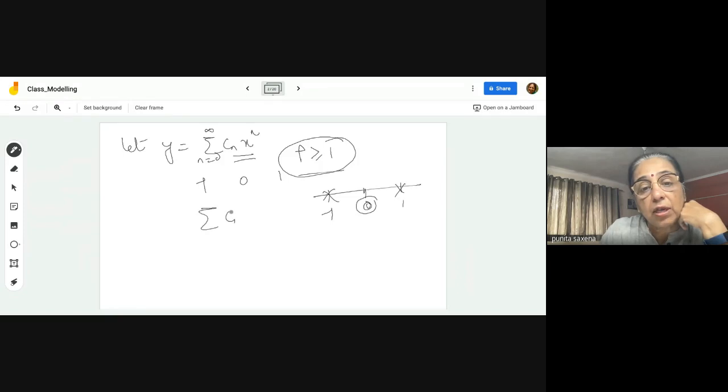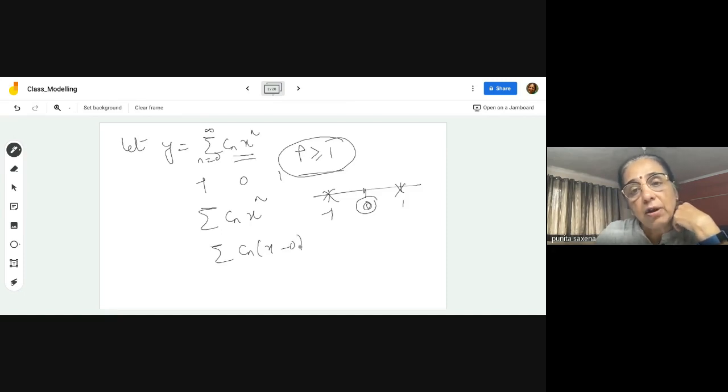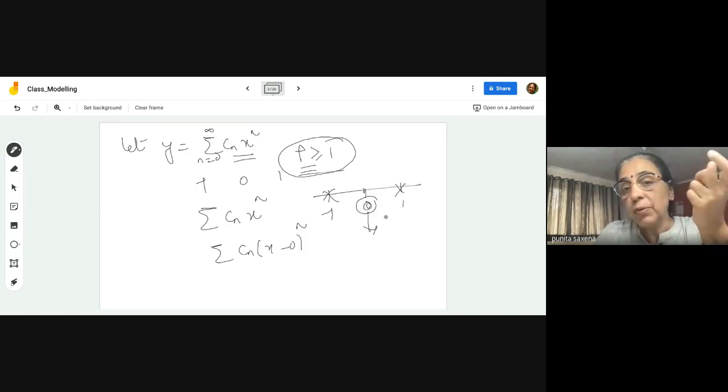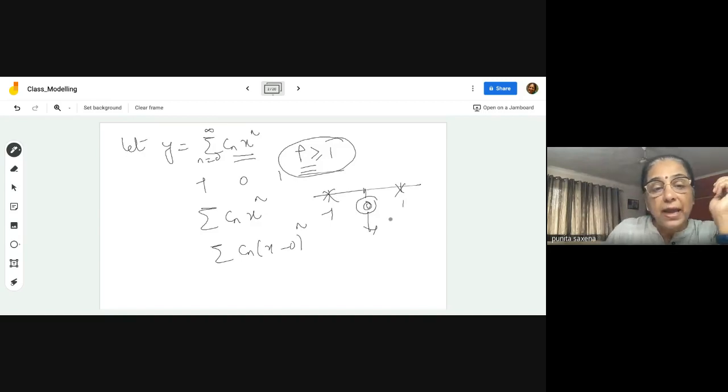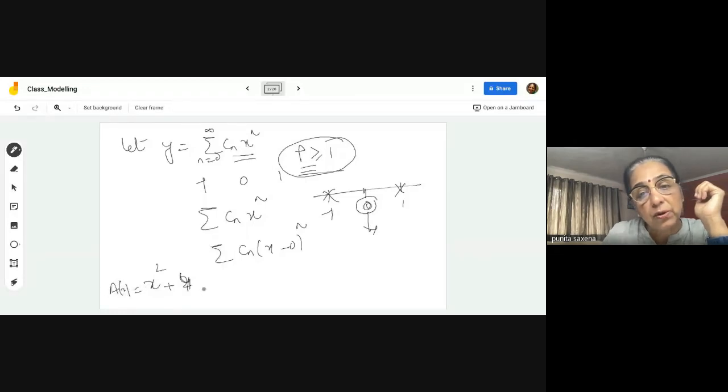Why is 0 an ordinary point? Because I am talking of a series solution of this form, which is actually nothing but Cn into (x − 0)ⁿ. So basically, your radius of convergence is at least going to be as large as the distance of the ordinary point from the nearest singular point. And that's why the theorem says the singular point can be real or complex, because you might come across differential equations where your a(x) is something like x² + 4.